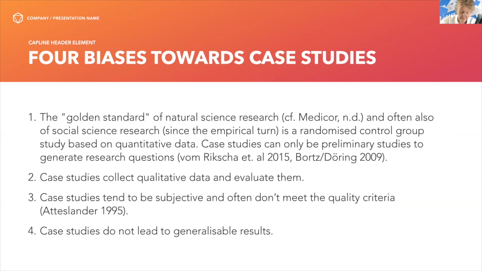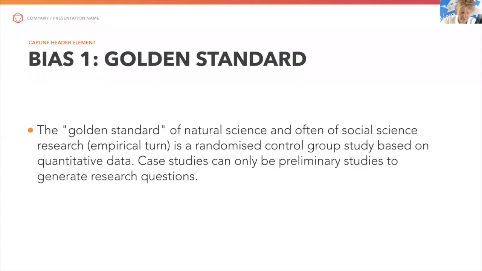Secondly, case studies collect qualitative data and evaluate them. Thirdly, case studies tend to be subjective and often don't meet the quality criteria. Fourthly, case studies do not lead to generalizable results. To talk about the first bias, are case studies just preliminary studies?